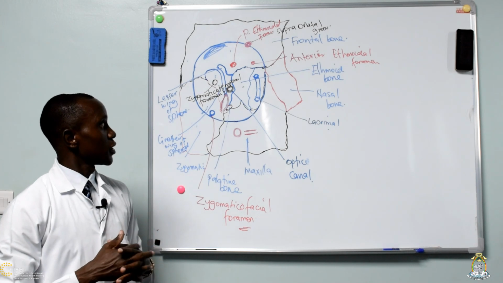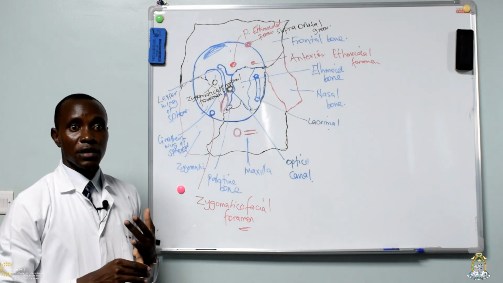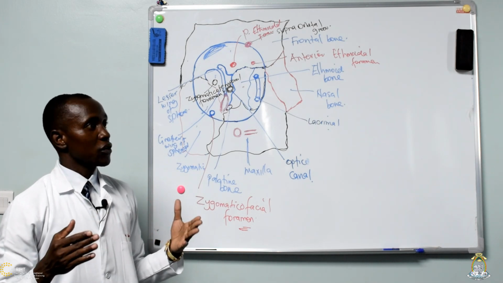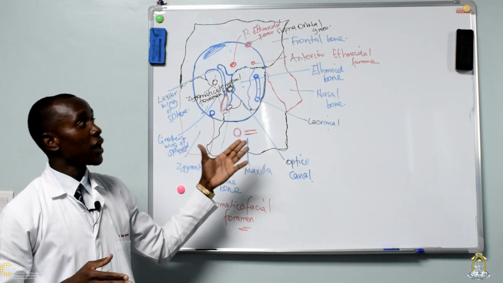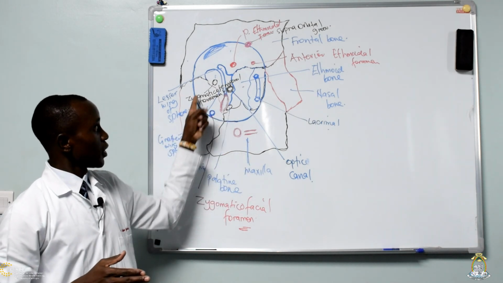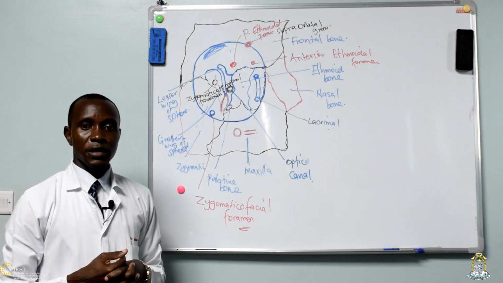So it is important to keep the region of the eye safe from fractures and any kind of injuries, because we are not only protecting the eye, the structure for vision, but we are also protecting these other structures that exit and enter through the bony orbit.